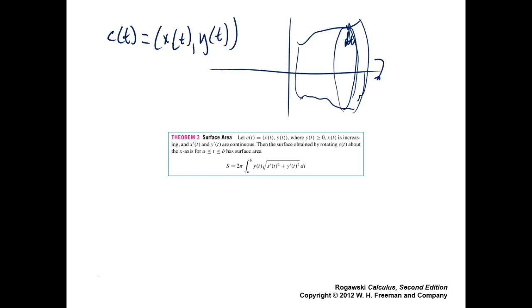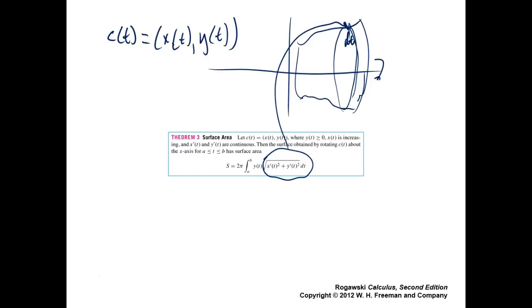The thickness is the arc length, which was the square root of x prime of t squared plus y prime of t squared, times dt. You see, this thing right here was your speed. Speed times time is length. And there's your time, delta t, if you're thinking in terms of time. So that little strip there, represented by dt, but it's really this thing right here, is the thickness of that little strip.